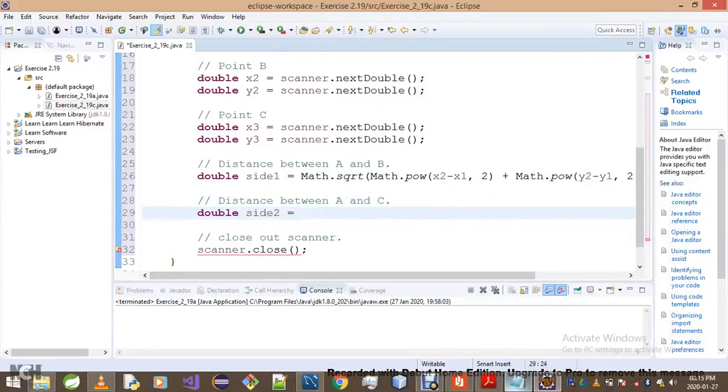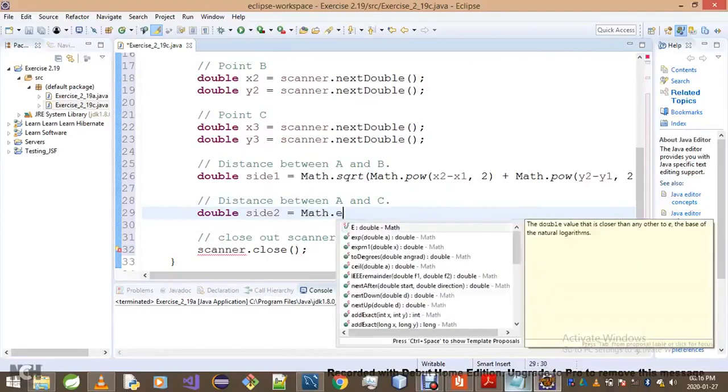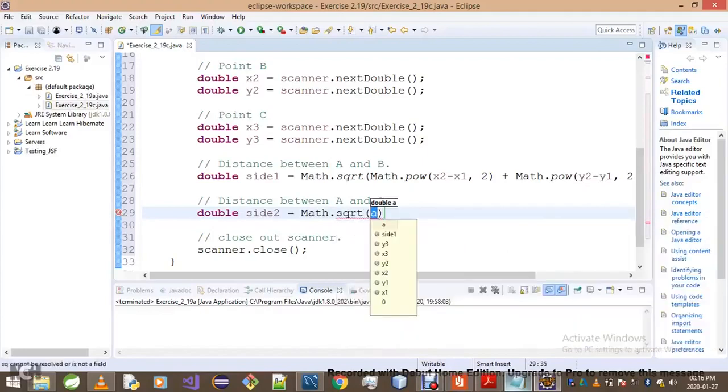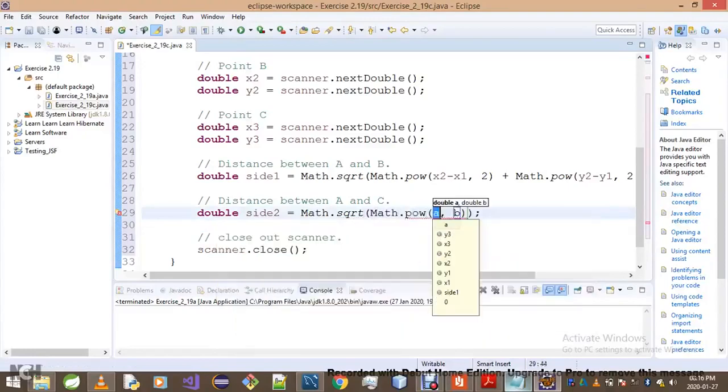Okay, let's go Math.sqrt of what? It's actually square root of Math.pow. I'll simply put x3 minus x1, and then we put a 2 here.